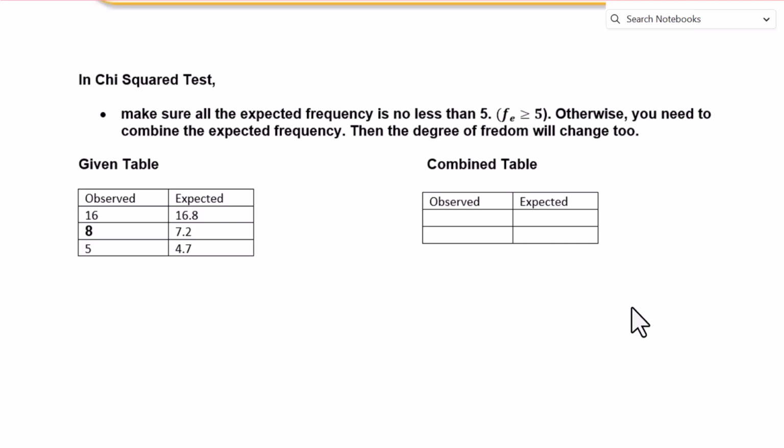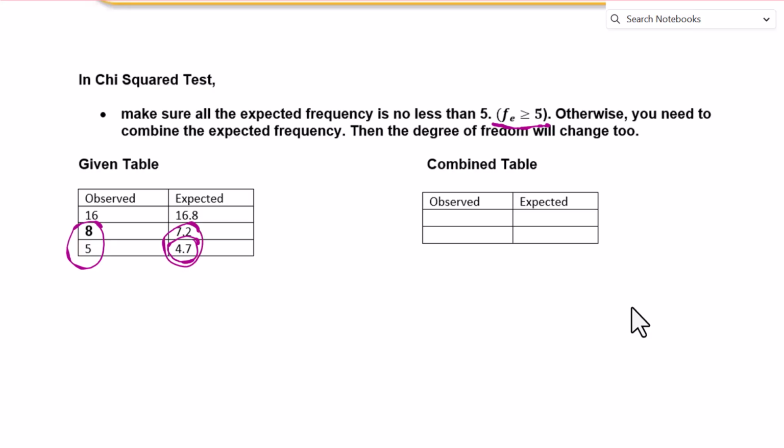In the chi-squared test, make sure the expected frequency is greater than or equal to 5. Otherwise, you need to regroup the data. For example, this expected frequency is 4.7, so we will regroup this table.